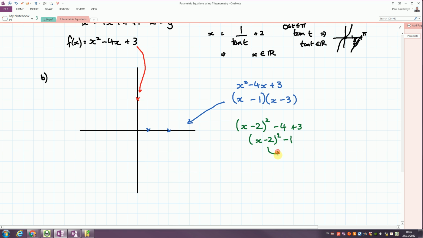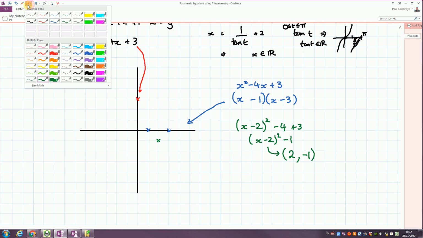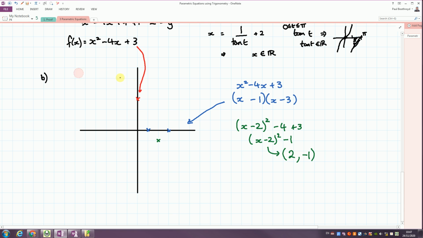And that tells me that the coordinates are: reverse the sign inside the x function, because this isn't parametric, and keep the sign on the y direction. So it's going to go through the point (2, minus 1). There's my coordinates. We know it's a parabola from the x squared. So there we go, we can draw a graph through the point showing where it meets the axes all the way through. And it should go through that one as well.